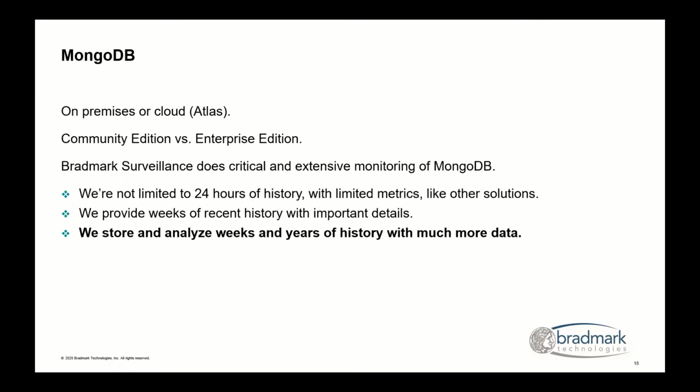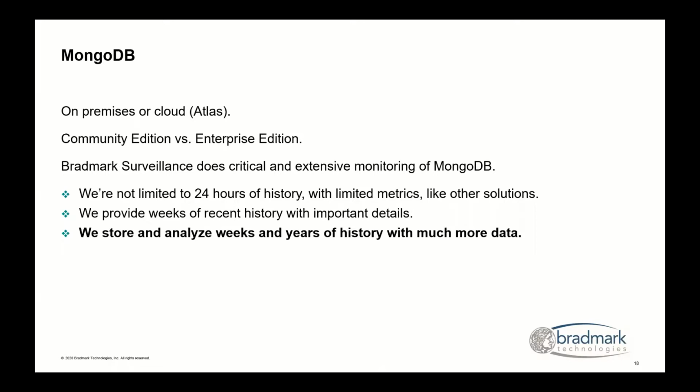Now, MongoDB is available on premises or cloud. We can do both. We can handle monitoring Community Edition as well as Enterprise Edition. And then we also do extensive and critical monitoring in MongoDB, as opposed to some other options. We're not limited to 24 hours of history. We don't have limited metrics. We have much more than 24 hours of history, and we have a wide variety of metrics available for MongoDB.